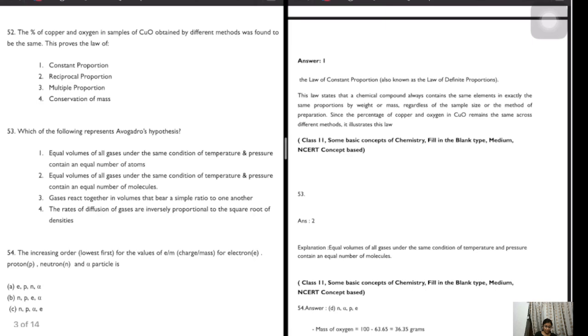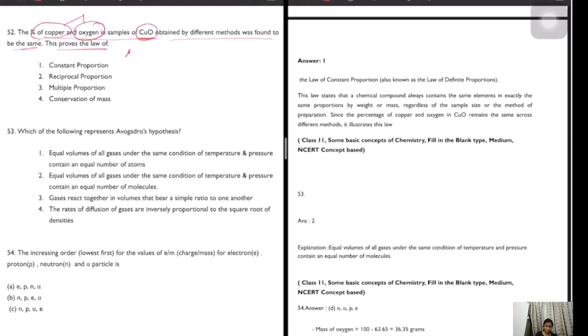The percent of copper and oxygen in the samples of CuO obtained by different methods was found to be the same. This proves the law of what? See what is given: the percent of copper and oxygen in samples of CuO, found by different methods, came out to be the same. So what does this indicate?